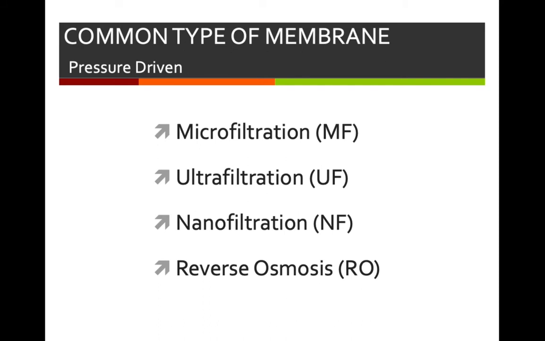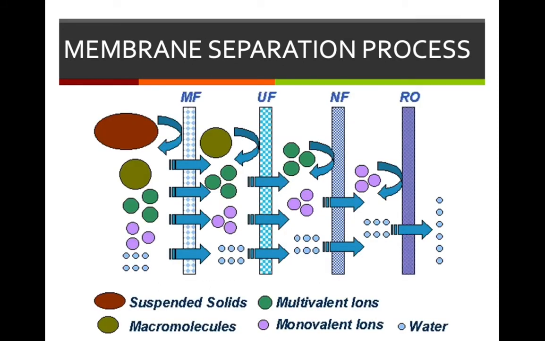Let us go one by one. This is a simple membrane separation process chart showing the different types of membrane. We have microfiltration, ultrafiltration, nanofiltration, and reverse osmosis, and what is able to be separated by each.